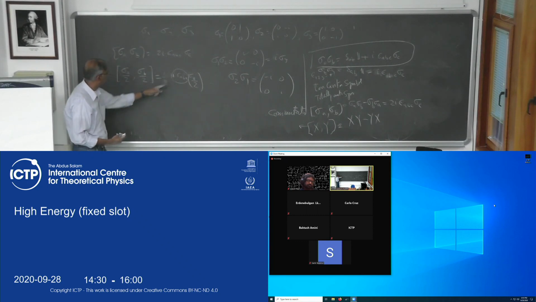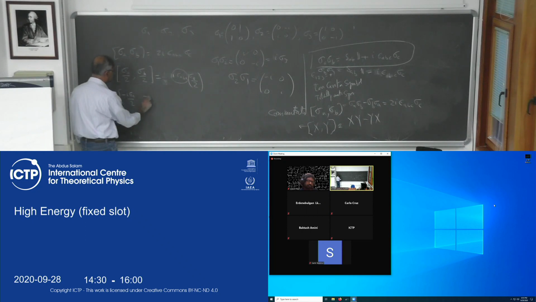You can also absorb the I by, for example, multiplying by minus I sigma A by 2 and minus I sigma B by 2.